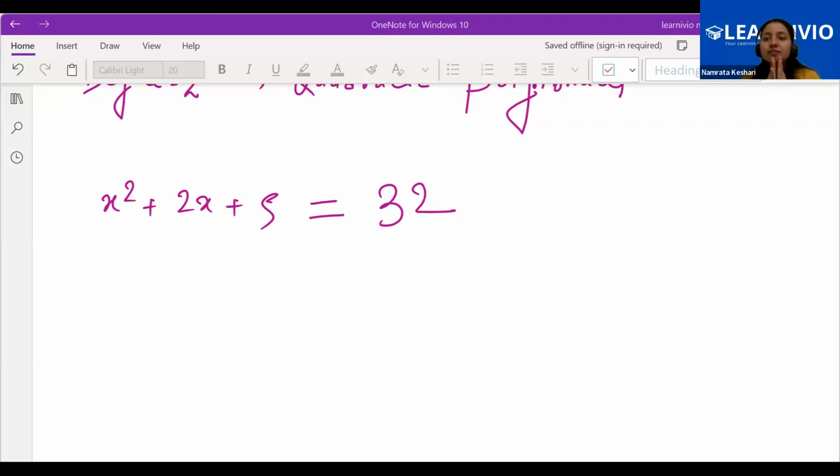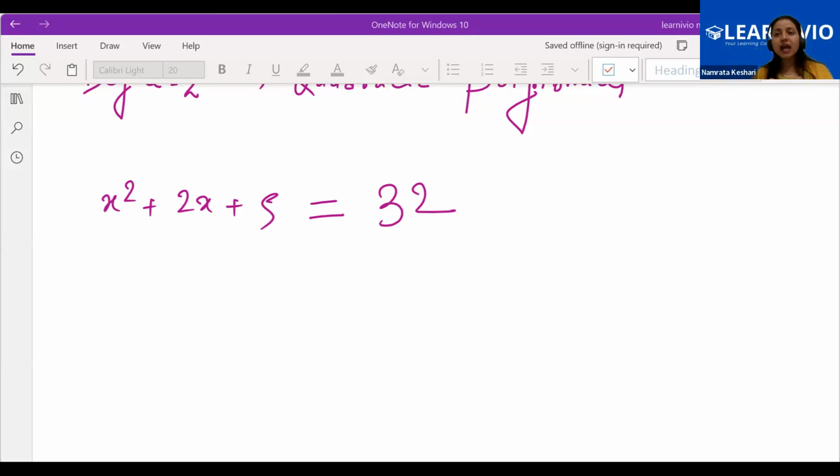So once I have given the equality sign, it became an equation. So here what are we discussing? Here we are going to discuss quadratic equations. There will be an equality sign. Equal sign has to be there. It doesn't matter what is there on the right hand side or the left hand side of equals to.